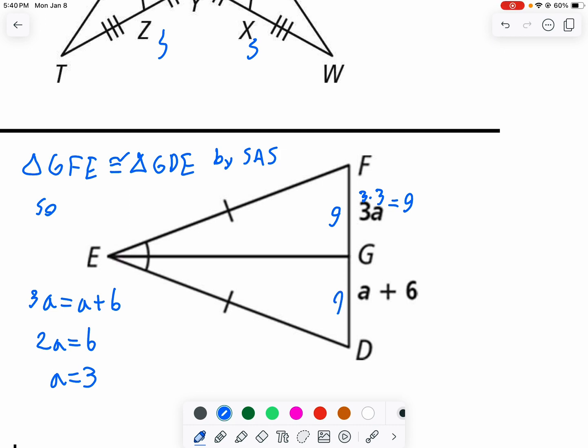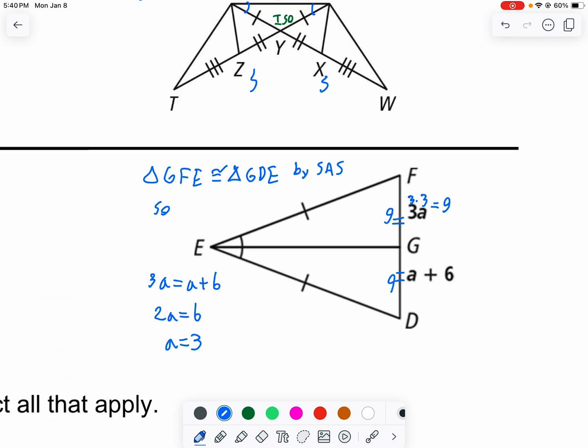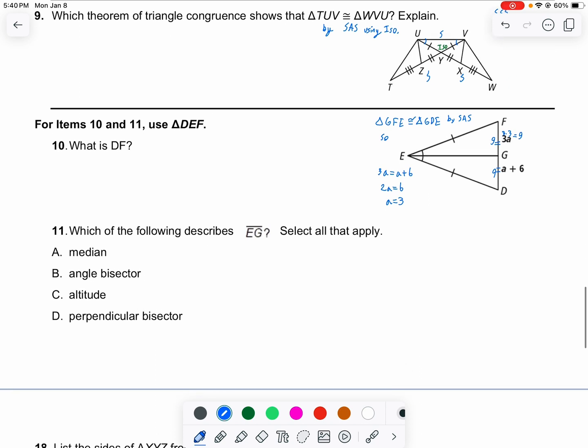And since it's congruent, this length also has to be 9. Oh, and we knew that those were congruent because we had congruent triangles. With that said, we now know the length of DF. DF is equal to FG plus GD, which is equal to 9 plus 9, which is 18.